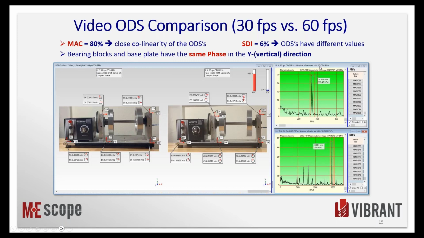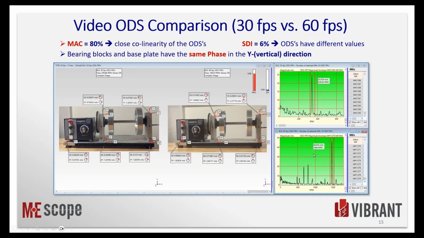It says here, number of selected measurements, 'impounds' is our version of measurement. There are 10 of them. There it is, there's an aliased peak at 340 RPM. We'll go in and look at this in more detail.